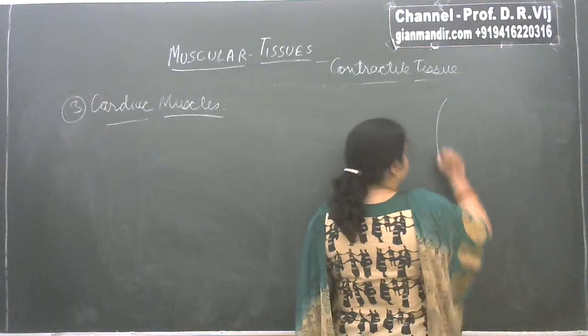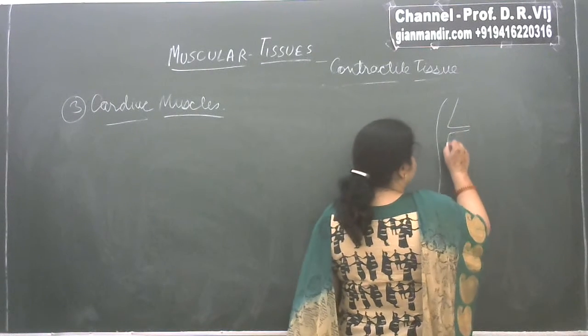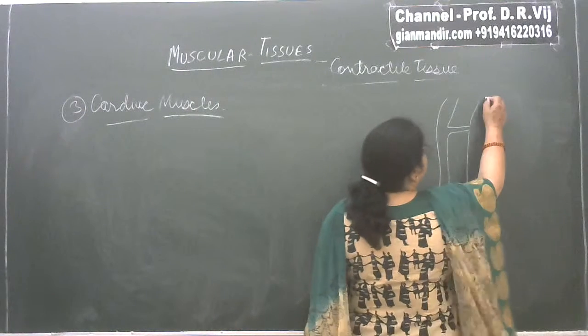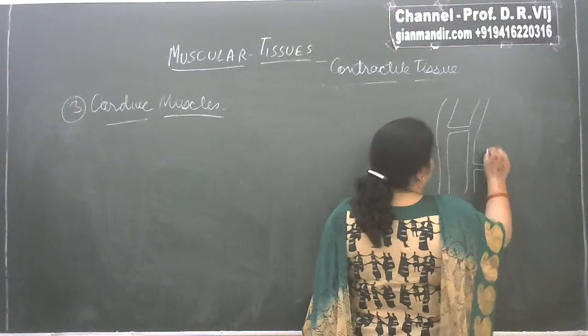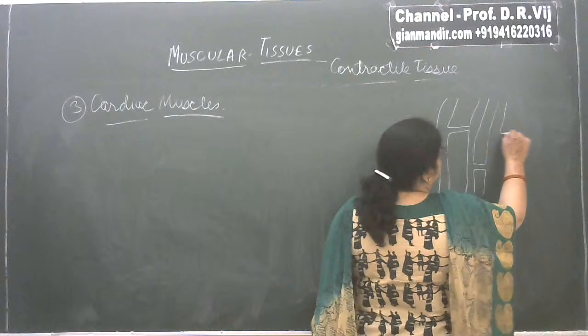And if you look at the structure of these cardiac muscles, they are long cylindrical branched interconnected fibers like this.